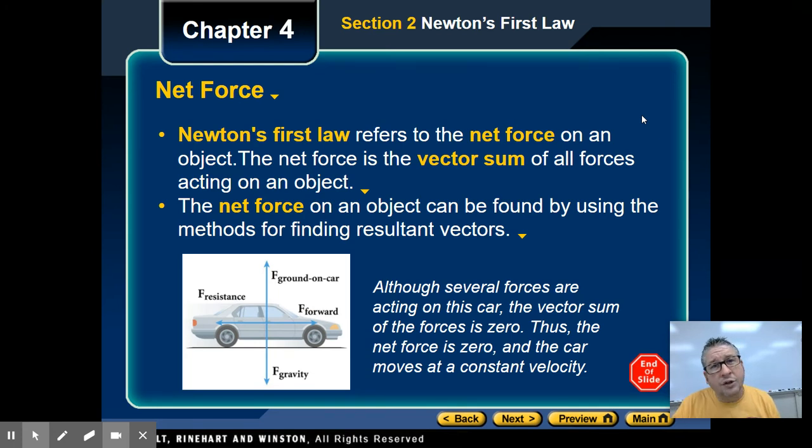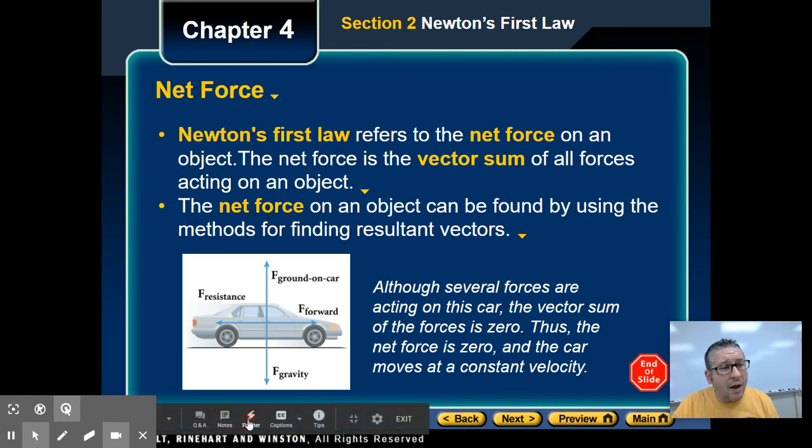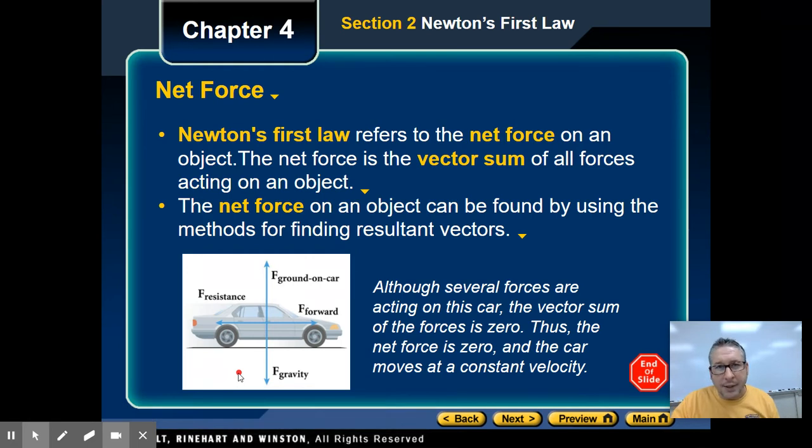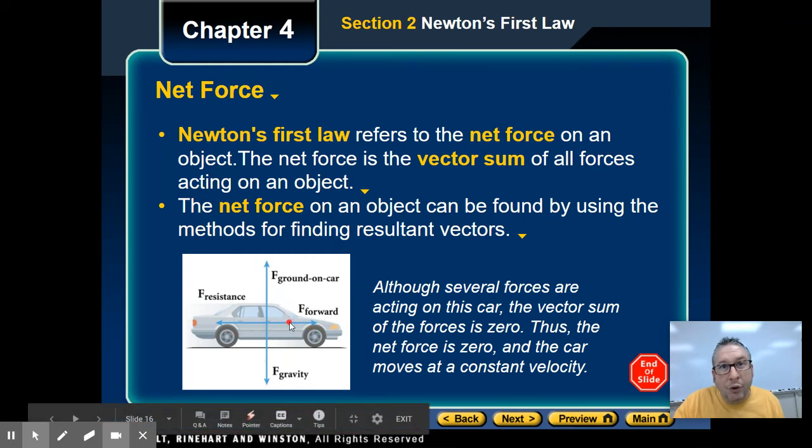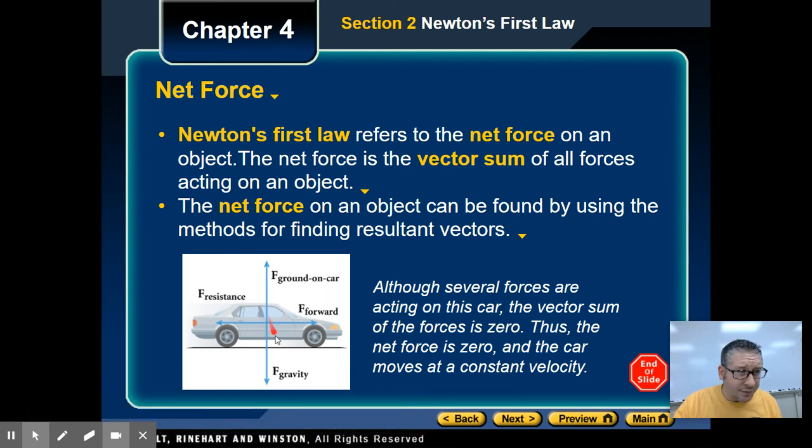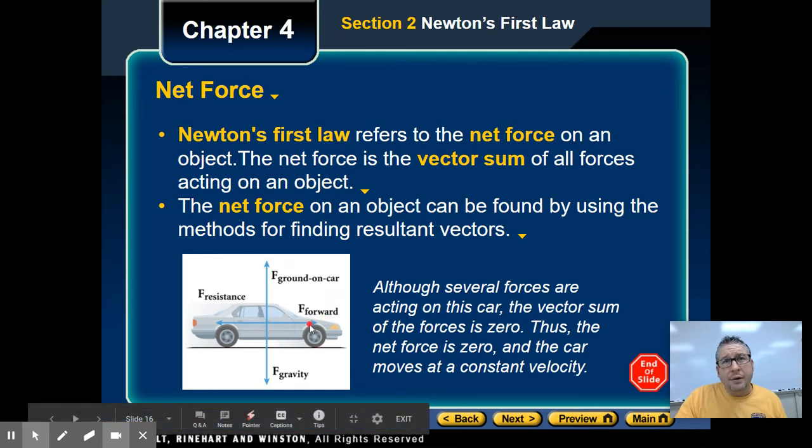Now, granted, we are not told what the magnitude of the forces are numerically speaking, but if we really wanted to, we could measure each one of these vector forces and their size.